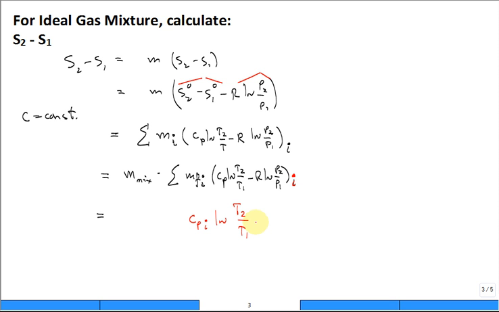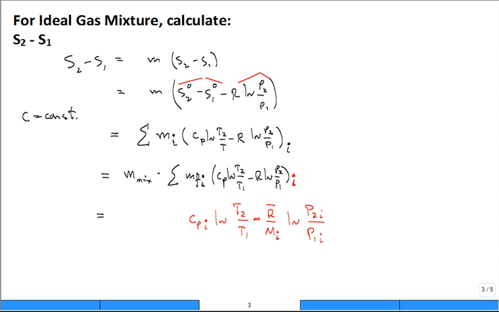Now we have minus R, but R was R bar divided by the molar mass, and each of them has different molar masses, so yes, it's R bar divided by M sub i. True? How about pressure? Can we talk about the partial pressure of component i at state 2 and the partial pressure of component i at state 1?